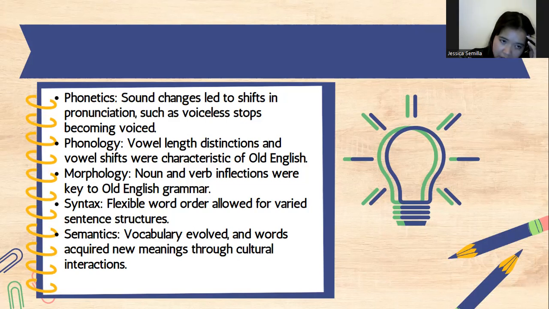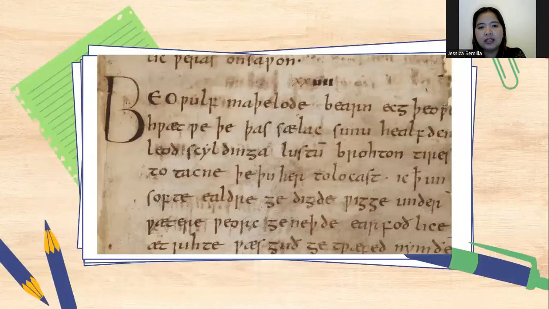Vowel length distinction and vowel shifts were also characteristics of Old English. For morphology, noun and verb inflections were key to Old English grammar. For syntax, flexible word order allowed for varied sentence structures. And for semantics, vocabulary evolved and words acquired new meanings through cultural interaction. These are examples from the scriptures of Old English, particularly the works of Beowulf.